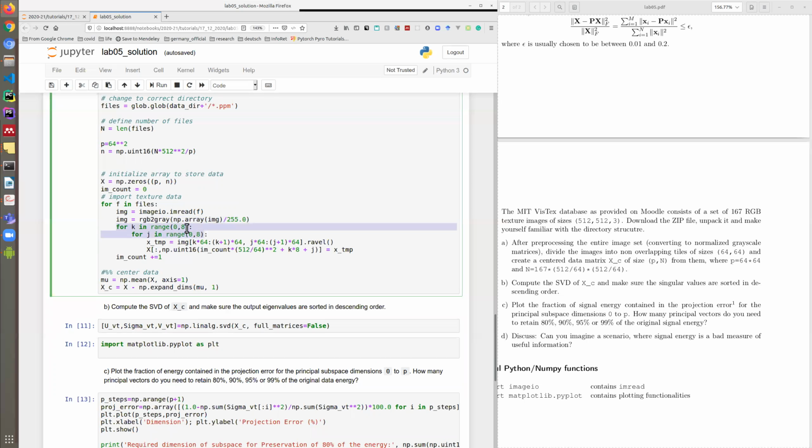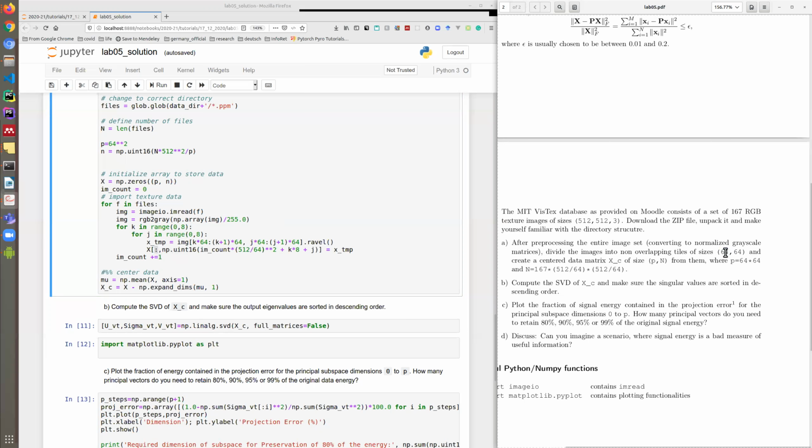we have this 8 by 8, because we saw if we have 64 by 64 tiles, this means we have 8 by 8 splits, so to say, 8 splits in rows and 8 in columns for the images. That's why we run from 0 to 8 in both rows and columns. And we flatten that tile, and we add this here as p, as we have seen already that p will be 64 by 64 now, not 512 by 512.